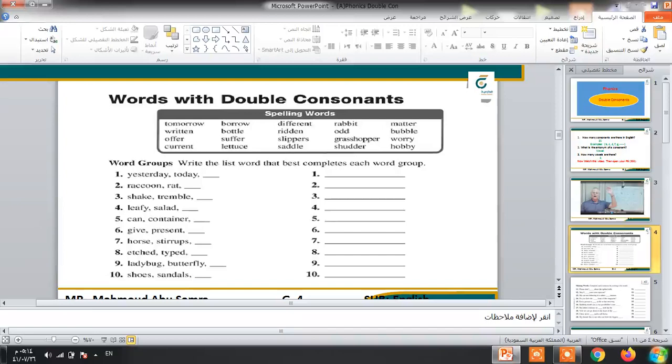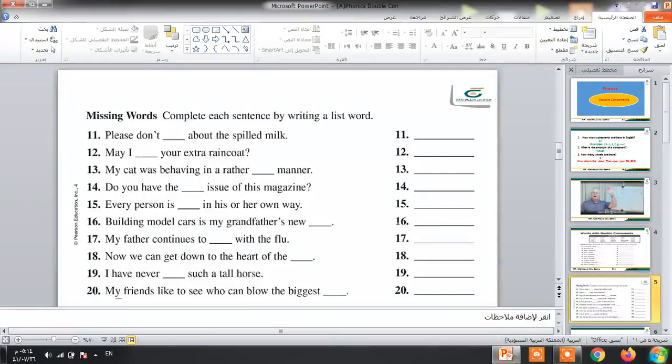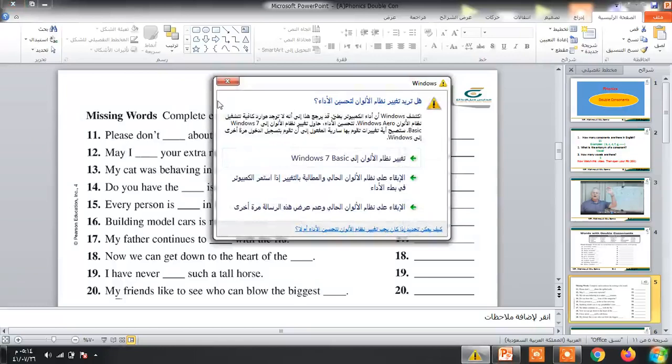Now I leave you from 6 to 10 to do at home, and now let's go to the next slide. What can you see now? You can see another 10 sentences. Now complete each sentence by writing a list word. I mean, you are going to choose a word from the list to complete the sentence correctly.